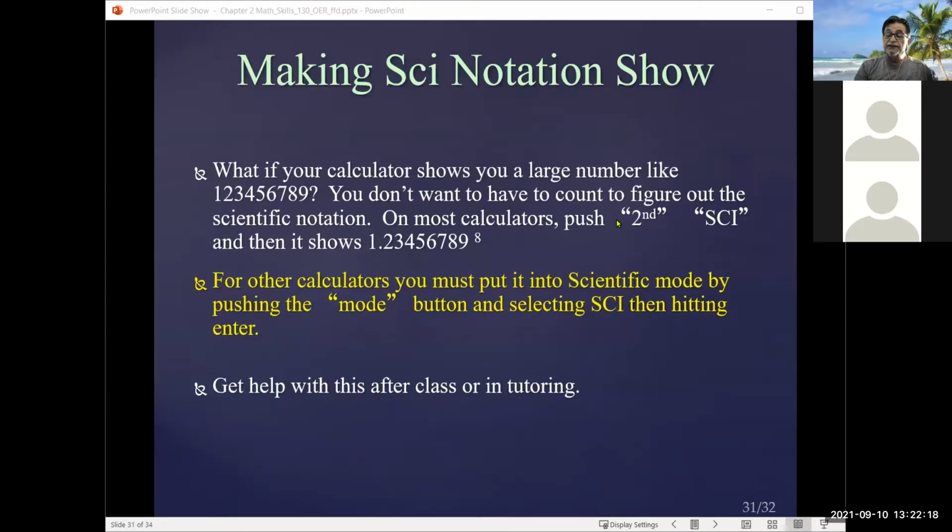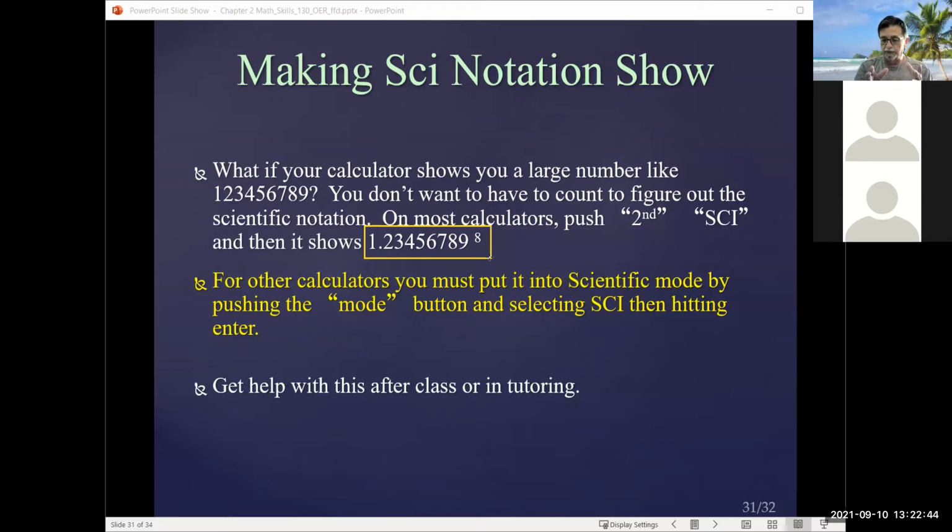Sometimes some calculators will give their answer in this format, like this. Okay, then maybe that's your answer that your calculator shows. It's not showing the E button, nor is it showing the times 10 to the whatever power. It just shows the 8 here kind of superscript.